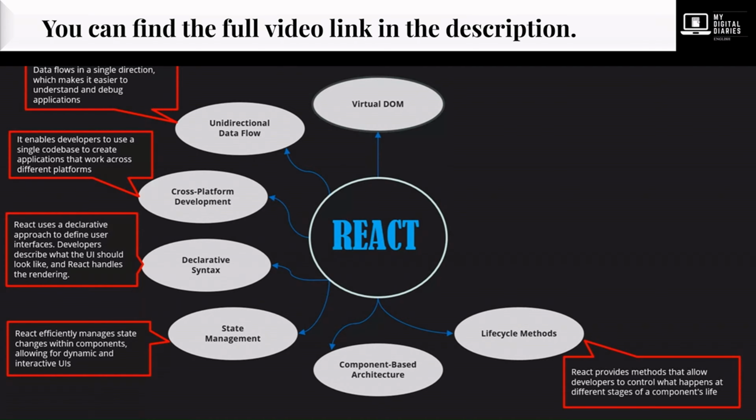Lifecycle methods. React provides methods that allow developers to control what happens at the different stages of a component's life. So for the complete lifecycle of a component, React provides methods where you can control what should happen or how the stages should change. JSX, this is also very important.